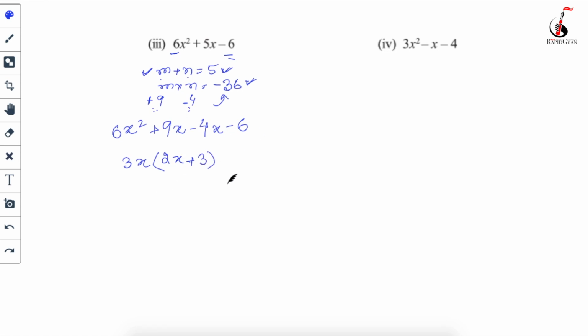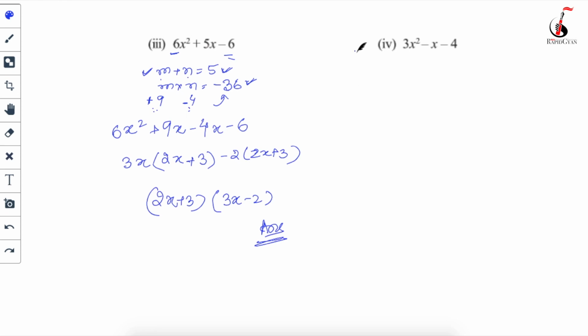And from these two terms I can take minus 2 common, so I will get 2x plus 3. Now from these whole terms I can take 2x plus 3 common, so I will get 3x minus 2, that's my answer. Hope it's clear, guys.